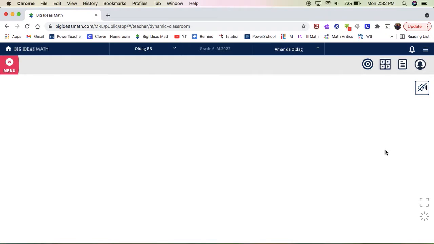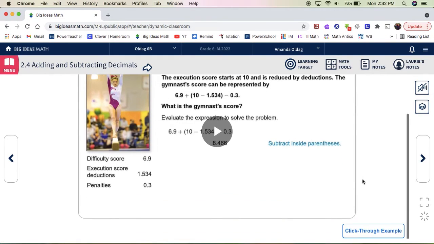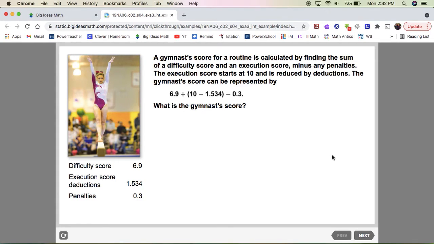All right, a gymnast score for a routine is calculated by finding the sum of a difficulty score and an execution score minus any penalties. The execution score starts at 10 and is reduced by deductions.